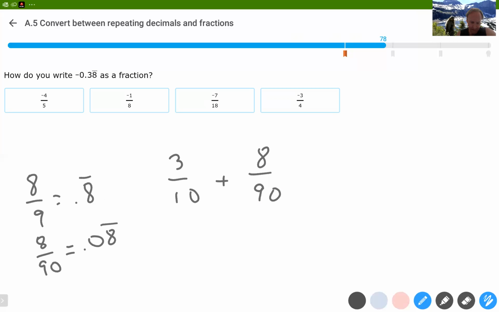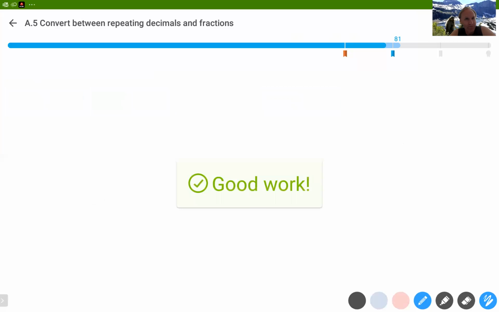So I added the 3/10 plus the 8 over 90. I'm going to multiply by 9, which is 27, and 8, which is 35 over 90, which is 7 over 18. But it's negative. Don't forget the negative part.